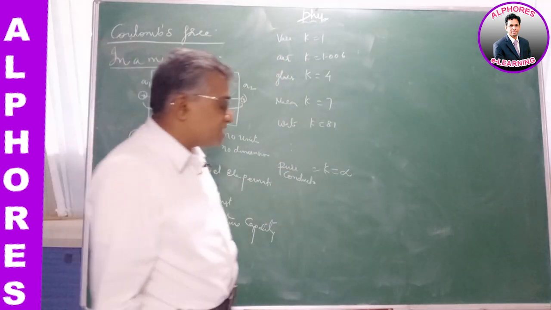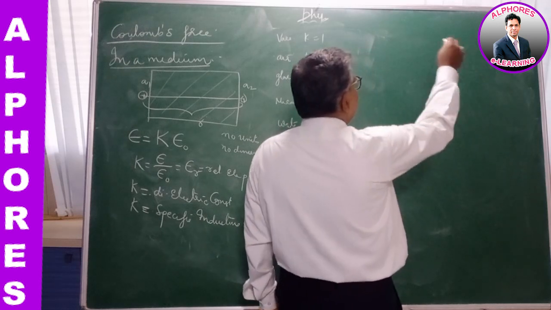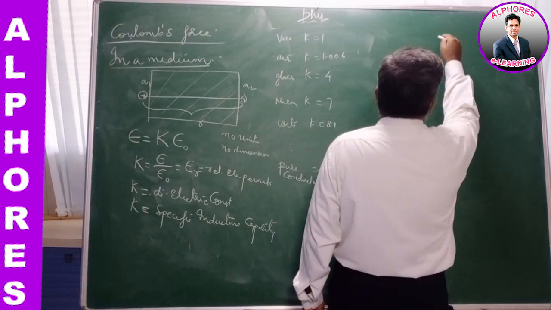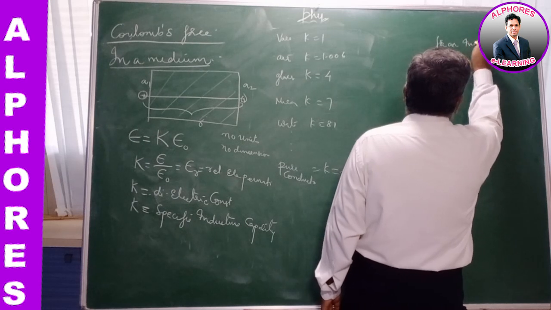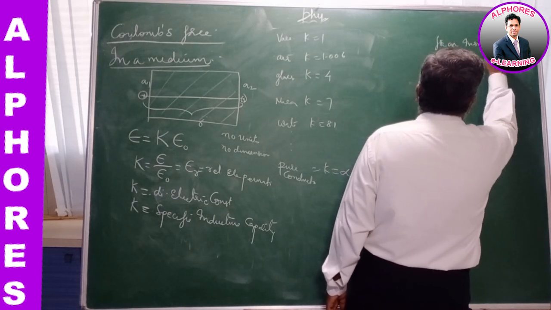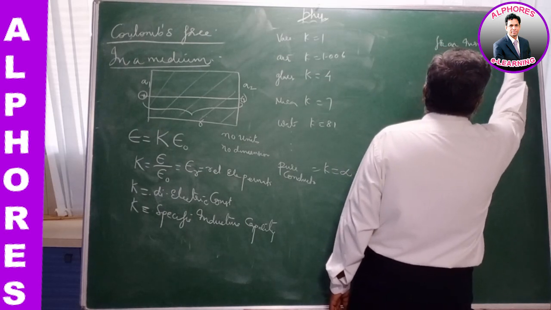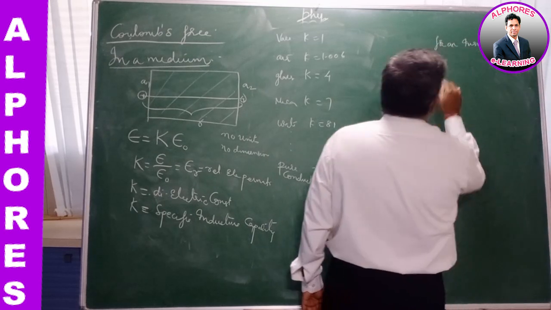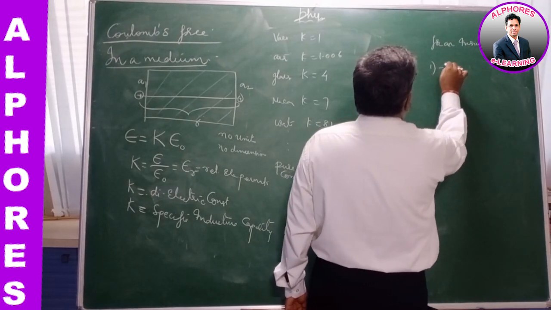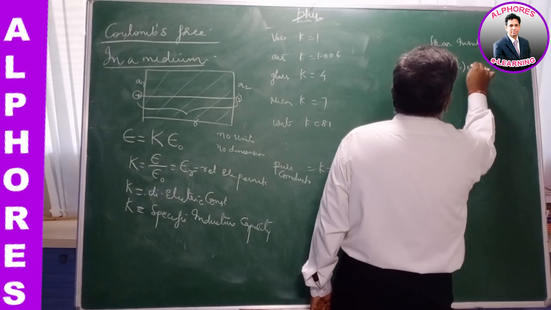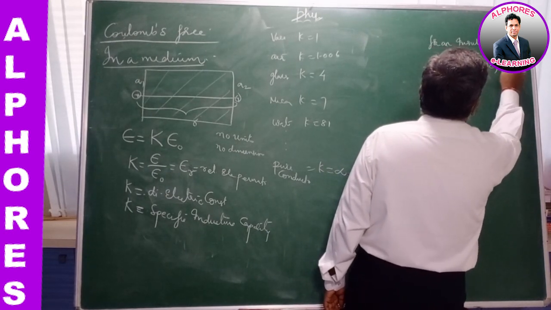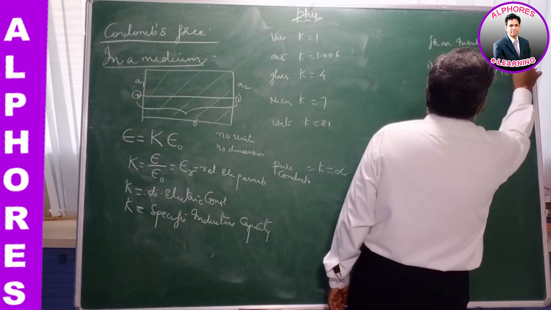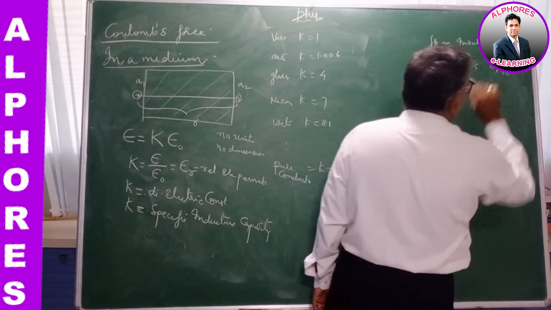There was a question asked based on this in a previous entrance examination. For an insulator, the value of K could be, the options were given as -1, 0.5, 1/10, and option D is 5.